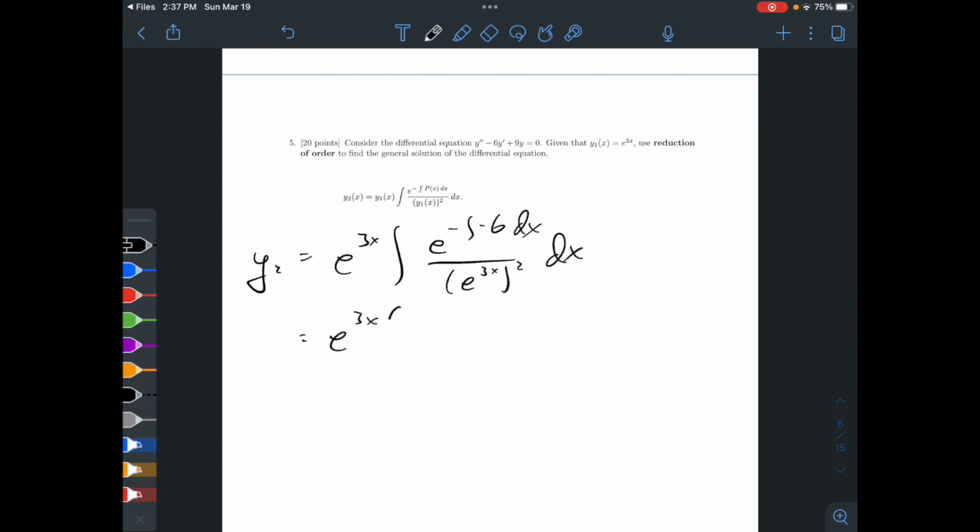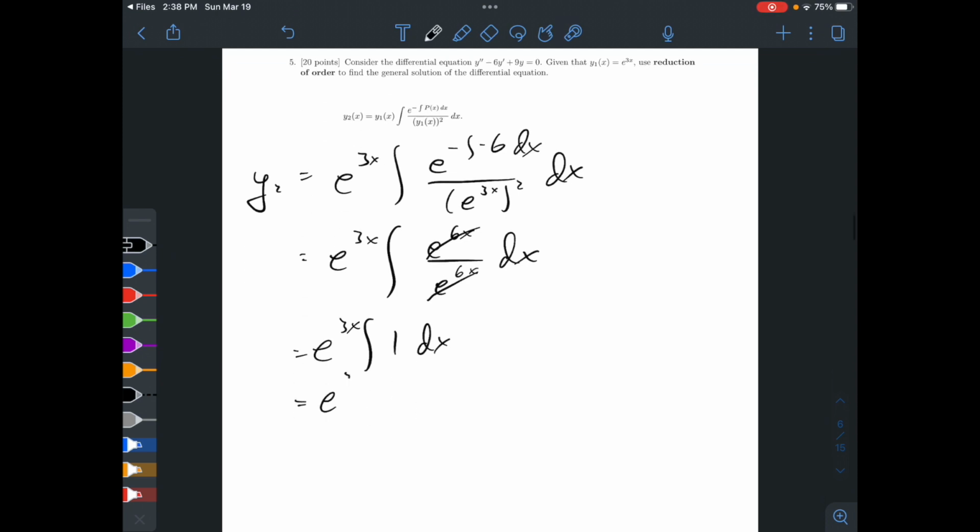All right, now we just have to simplify this. So this is e to the 6x over e to the 6x. Right, e to the 3x times e to the 3x is e to the 3x plus 3x, or just e to the 6x. So these cancel. We're left with e to the 3x times the integral of 1, which is just x.